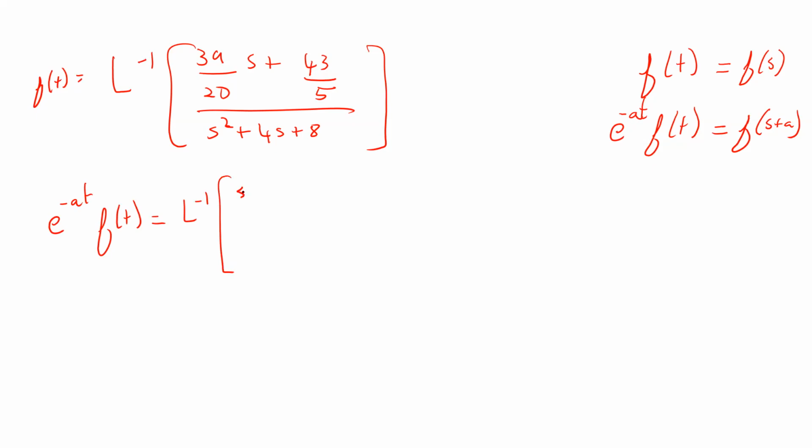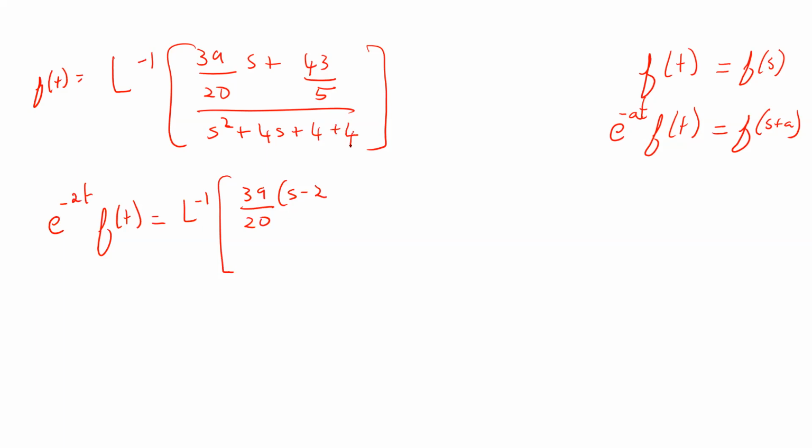So 39 by 20 s minus a. In the place of a, I'll actually put 2. And this denominator, instead of writing s square plus 4s plus 8, I will write it as s square plus 4s plus 4 plus 4.